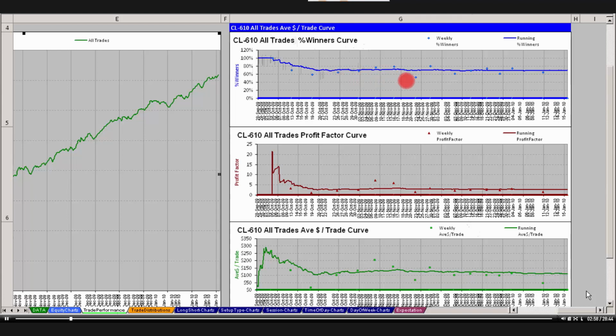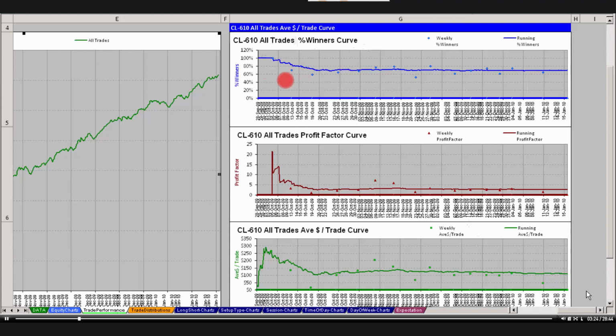We call this the running percent winners. And it's calculating the percent winners from the start of the analysis period. So once again, we can see that it is stabilized over a period of time, and that's very important for a trading system. You'll also notice that there's some blue diamonds in there. What those are is the percent winners for each week that the system traded.